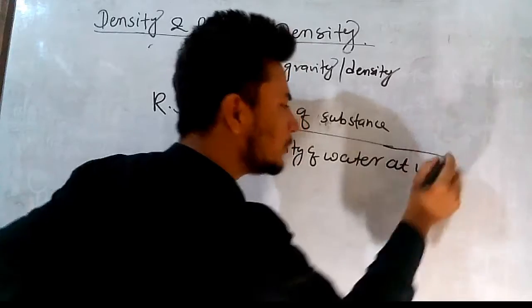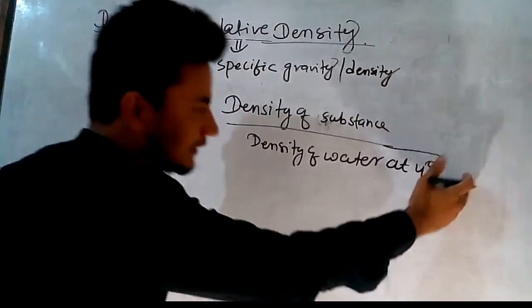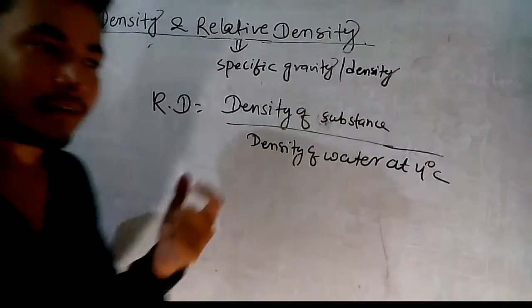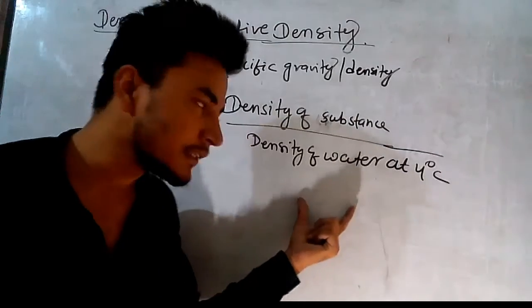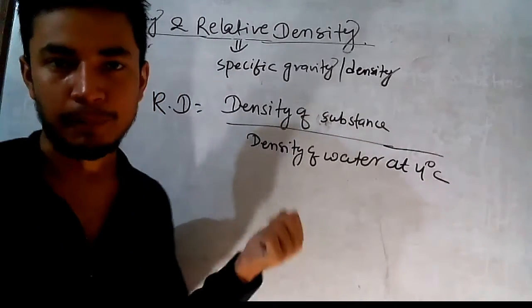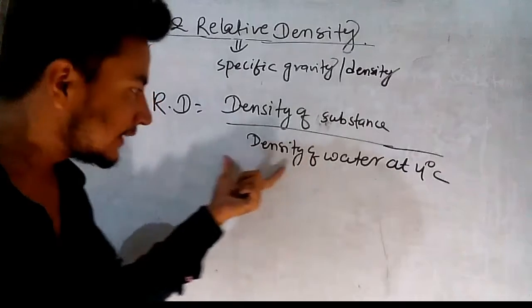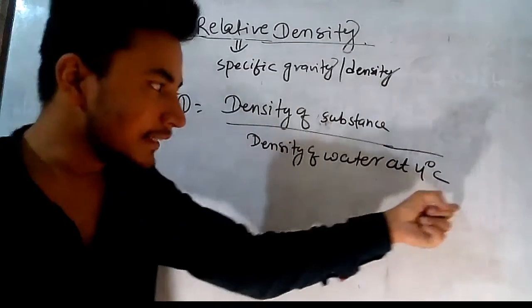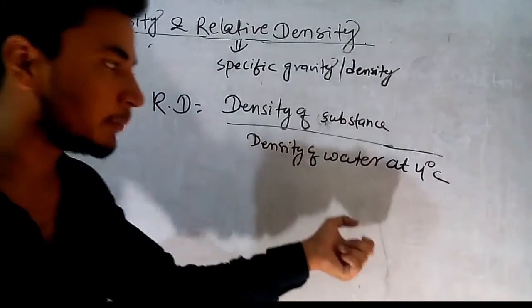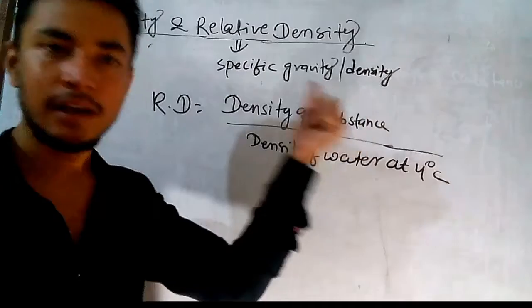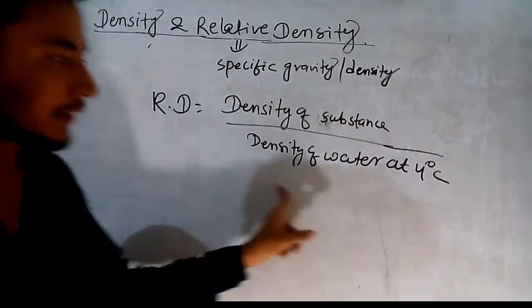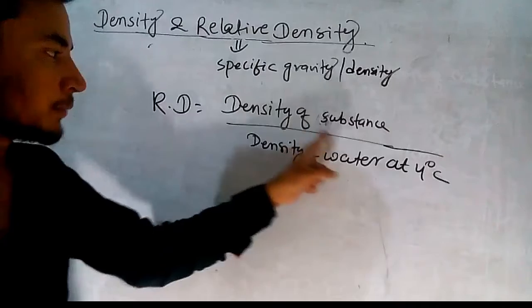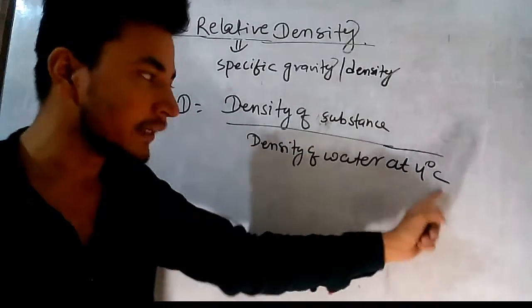Don't worry, this will be covered; it is simple. We will understand it in the heat chapter, in specific heat capacity and the abnormal expansion of water, where we will discuss why the density of water is maximum at 4 degrees Celsius and minimum at 0 degrees Celsius. Just remember this formula: density of substance by density of water at 4 degrees Celsius.